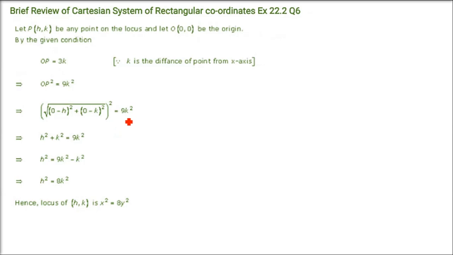Next one is, find the locus of a point which moves such that its distance from the origin is 3 times the distance from the x-axis. So again we have a point. Now the locus of a point which moves such that its distance from the origin, so 0, 0, is 3 times its distance from the x-axis.